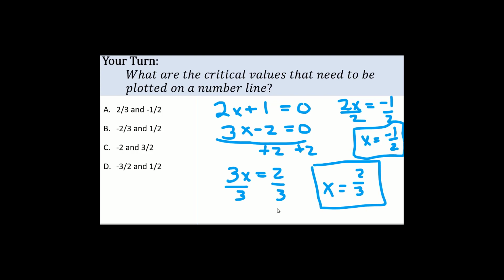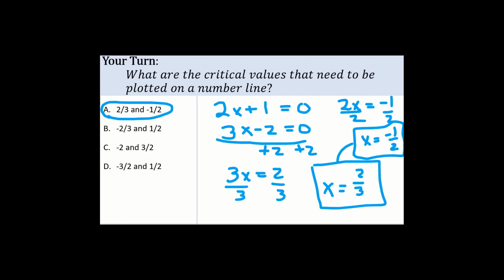All right, so those are your two critical values. Let's see if we can find that answer. x equals 1/2 and x equals 2/3. Oh, it's negative 1/2, so this is going to be A. Go slowly, make sure that you keep an eye on your negatives and your positives.